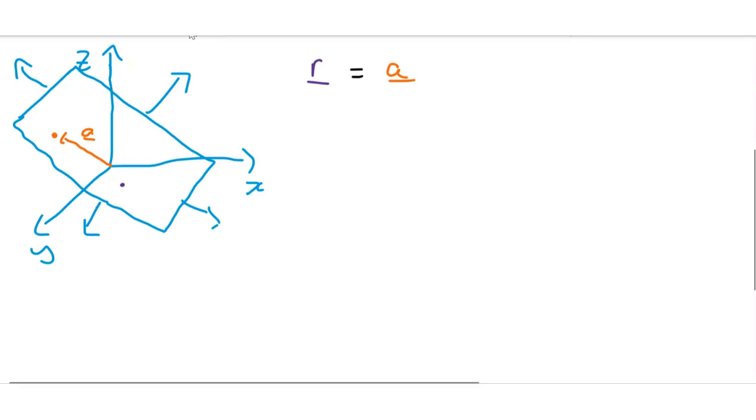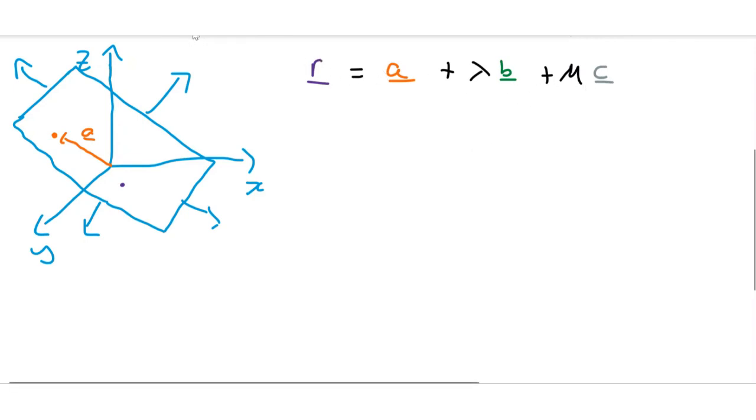So now we have lambda b, and then plus mu c. And why do we specify two vectors here?